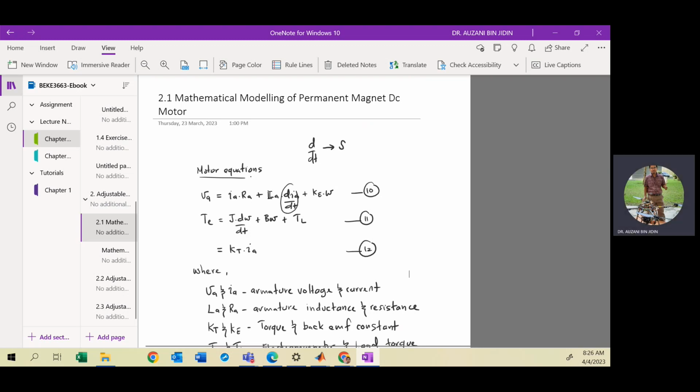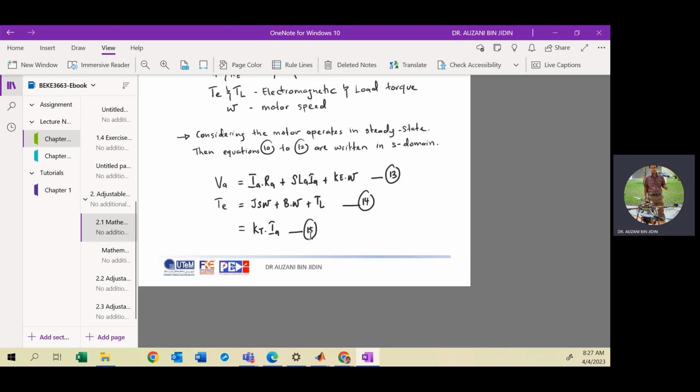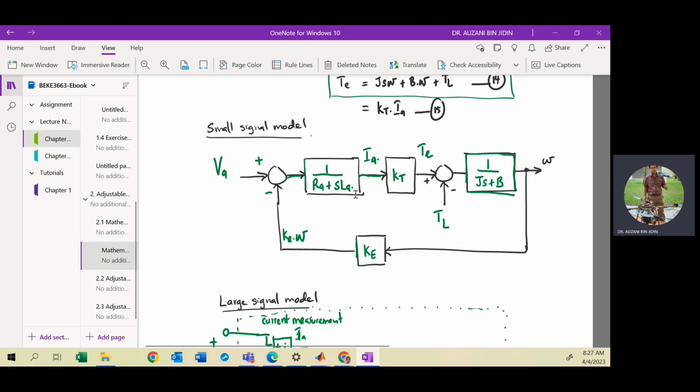You must get all equations in Laplace transformation. From this you get equations 13 to 15, then you can apply these equations to construct the model. I have discussed this in class, no need to discuss here.